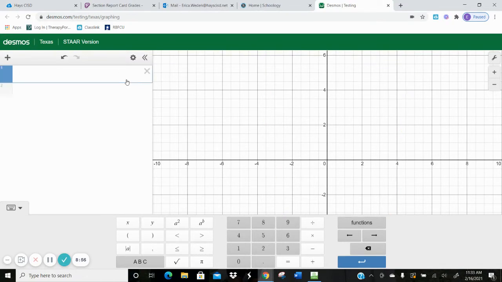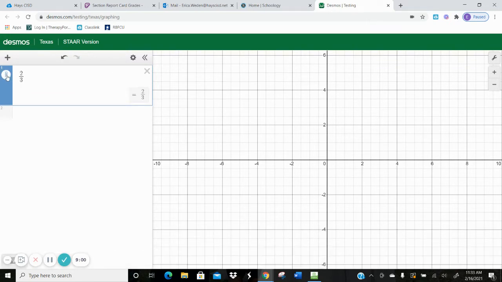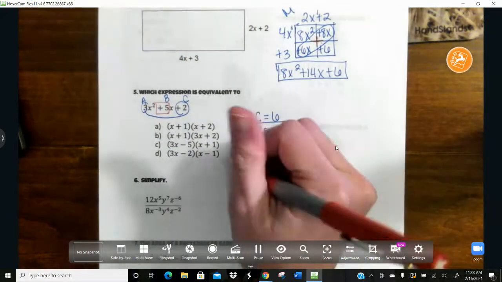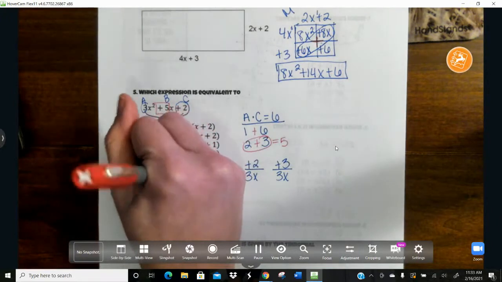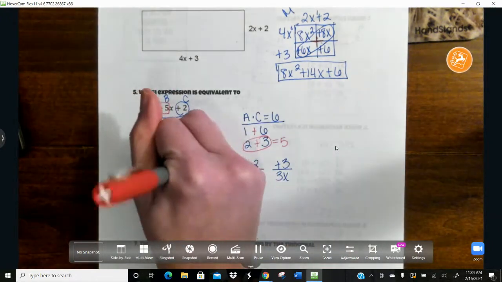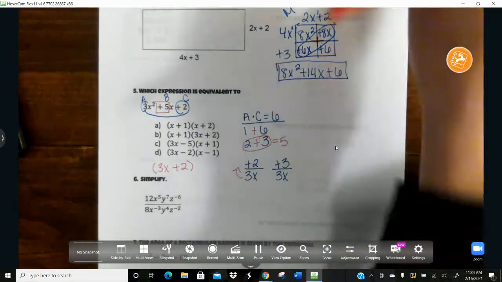So I have 2 divided by 3. That one does not reduce. So this one's just going to go up. So we're going to have 3x plus 2.